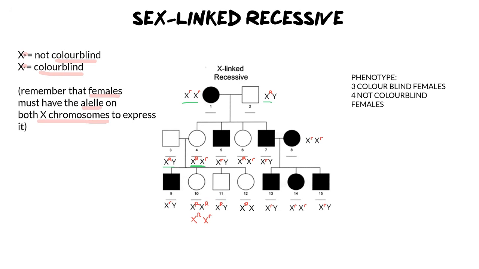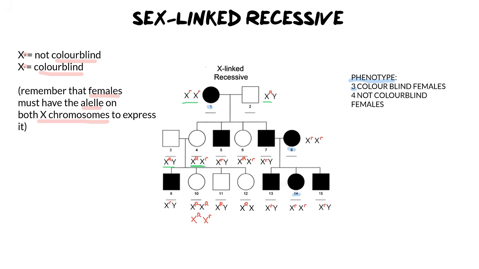Now, something that I want to point out, which is really important, is when you're writing the phenotype for these kinds of crosses, it's important to remember that you are going to group carriers with people who also just don't carry or don't have the disease at all. So what I mean by that is if we just look at the females only in this family tree, 3 are colorblind, and that is number 1, number 8, and number 14.